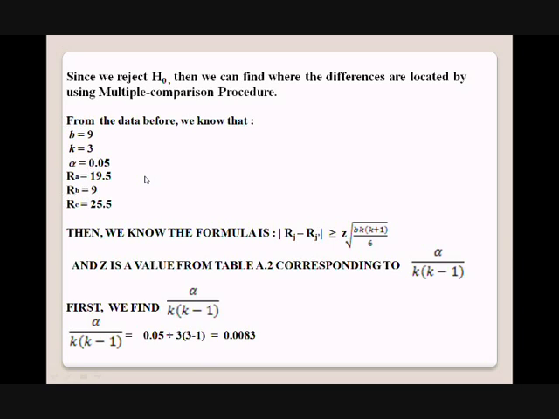RA stands for the grand total for method of determination A, RB for method of determination B, and RC for method of determination C. First of all, we need to find alpha over k times (k minus 1), where alpha equals 0.05 and k equals 3. Substituting this data into the formula, we get alpha over k times (k minus 1) equal to 0.0083.